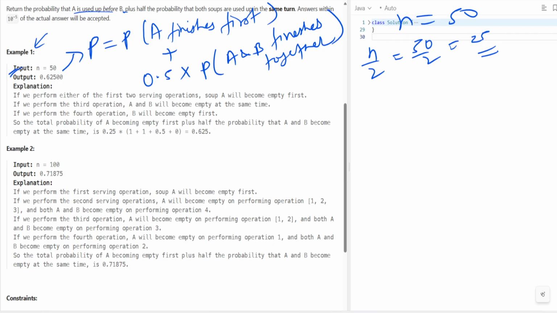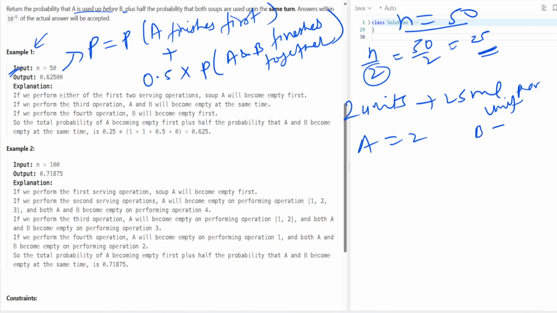So n equal to 50, and we have to convert it into 2 units. So each soup has 2 units. 2 units means what? 25 ml per unit. Can we say that? Means A is 2 and B is 2.